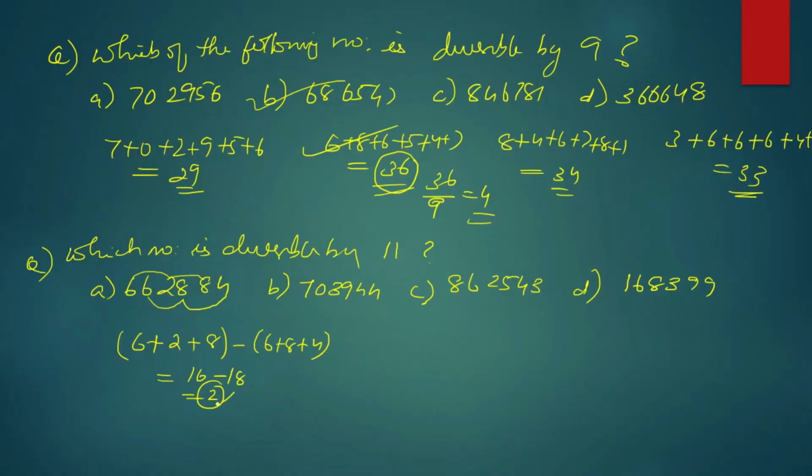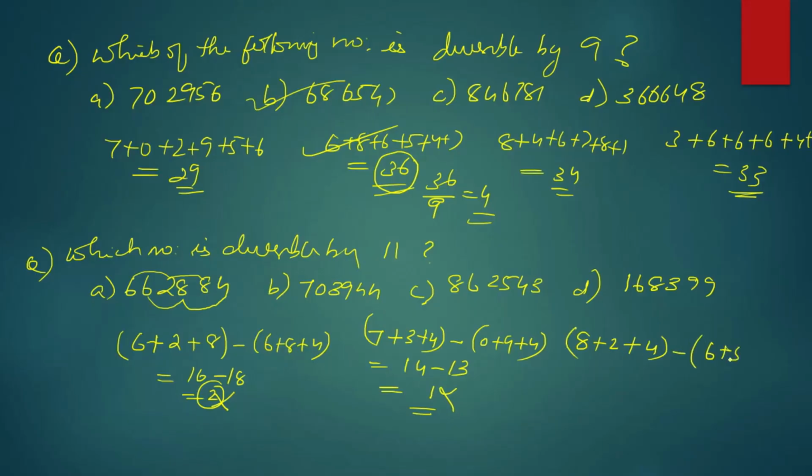Okay, it is not divisible by 11. 7 plus 3 plus 4 minus 0 plus 9 plus 4. You get 40 minus 30, which is 1. Not divisible by 11. 8 plus 2 plus 4 minus 6 plus 5 plus 3 is equal to 40 minus 40, which is equal to 0. So this is divisible by 11.